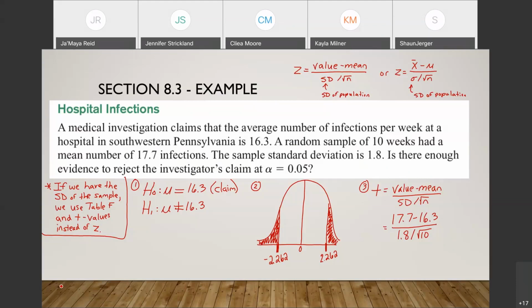Did you get, Taylor, 2.46? Yep, that looks good to me, 2.46. Anybody have a question there?